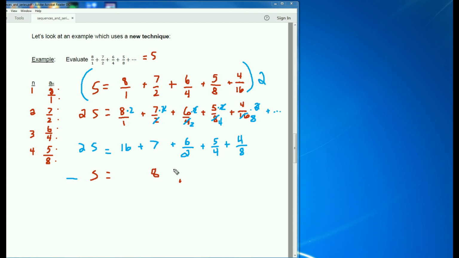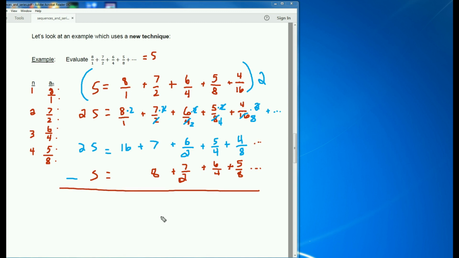And then we had plus 7 halves. Kind of work that in, okay? And then plus 6/4. And then plus 5/8. And so on.